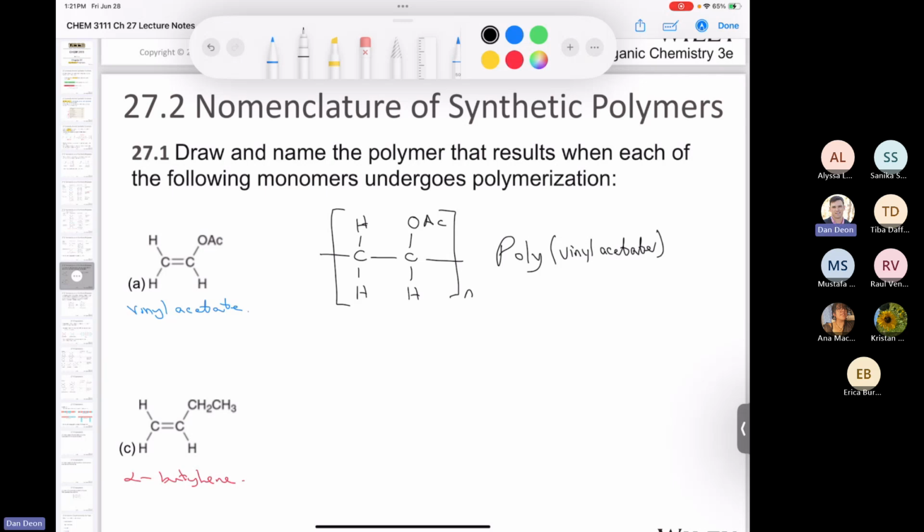Okay. Next one is alpha-butylene. So let's try drawing the polymer. So we're going to have our CH2 like this. Then we've got our carbon with our ethyl group, CH2, CH3, like that.